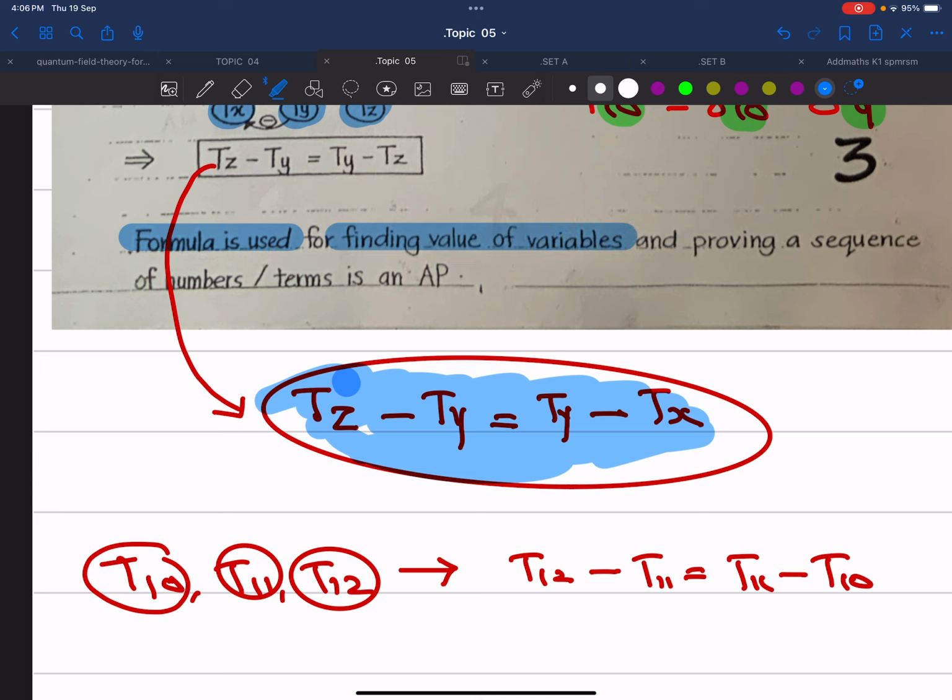You want to find a value, or proving that the sequence is an AP. So this formula is used to find the value of something or for proving that the sequence is an AP.